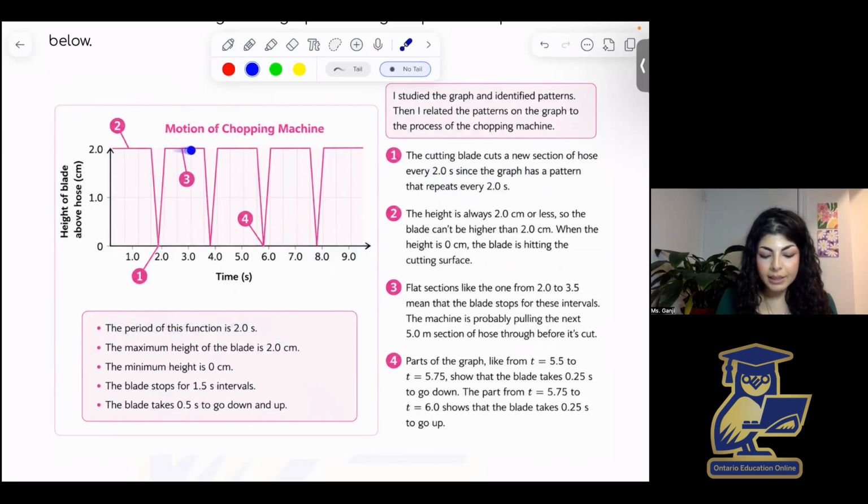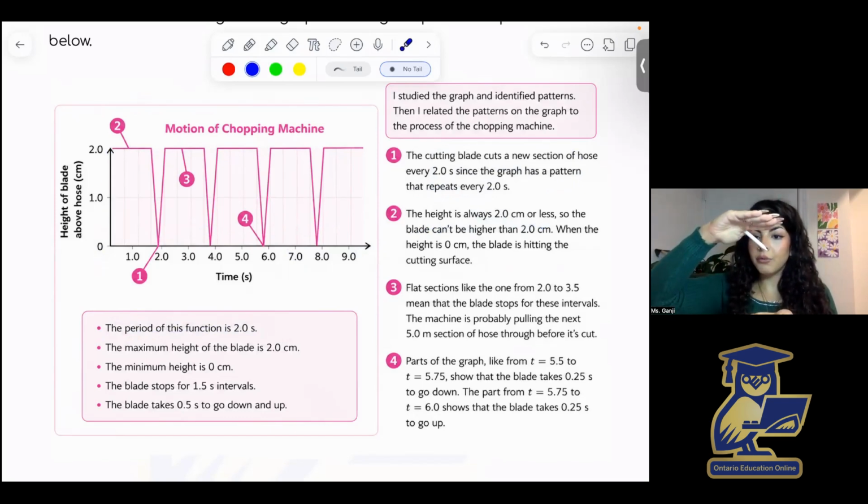Now, this maximum that we see here tells us the height of the blade. So consider the blade goes up and then comes down. So the height is always 2 centimeters or less. At the time it goes to the top position for the cutting blade, this is 2 centimeters, and then it goes back down to cut the hose. So the blade cannot be higher than 2 centimeters, and when the height is 0 centimeters, the blade is hitting the cutting surface.